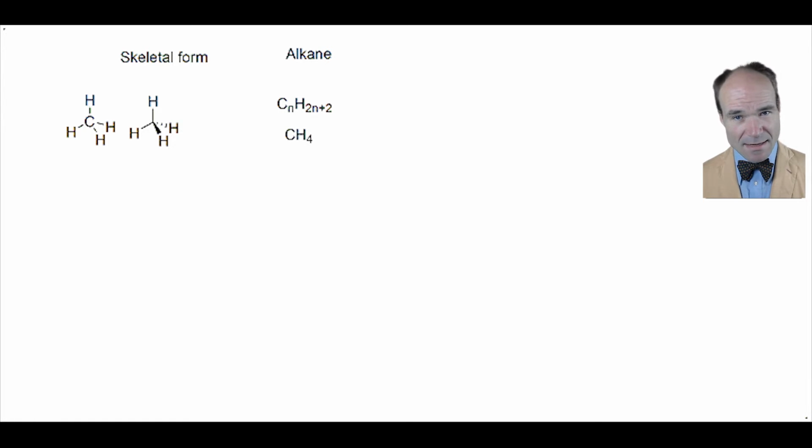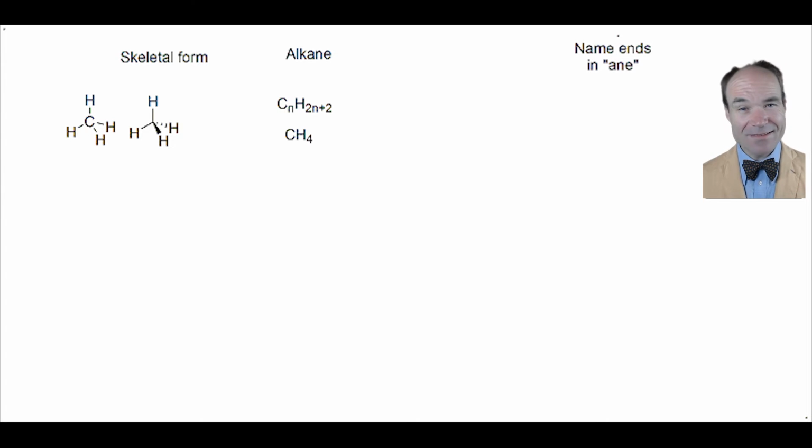So we put C, we don't have to write 1 after it, and then H and 4 to indicate 4 hydrogens. But what are we going to name this intriguing molecule? It's an alkane. So how about ane? Yeah, let's call it ane. No, that's not enough.